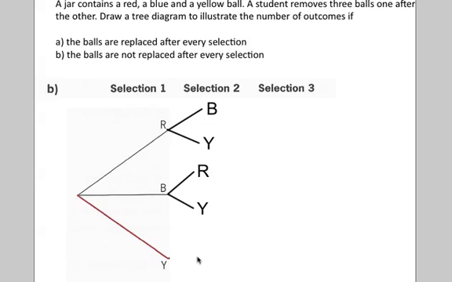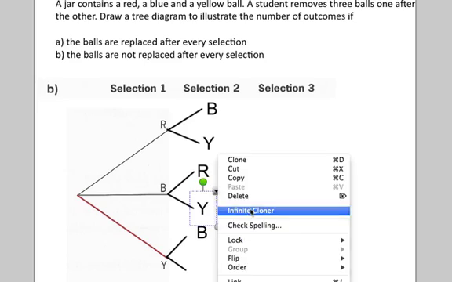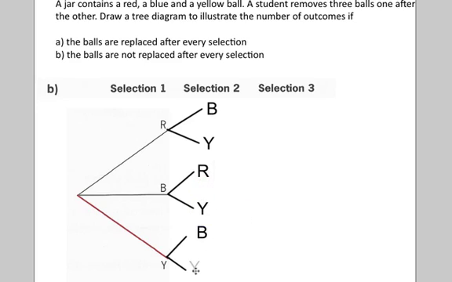And lastly, if we draw yellow on our first selection, then we can only select blue or red on our second. So now, if we select blue on our second after selecting red, we only have one possible outcome now.